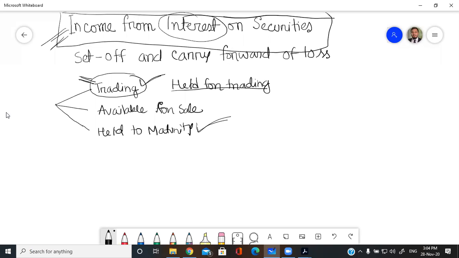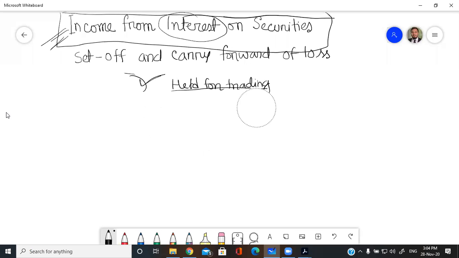Those securities will be included in the available for sale category. Okay. So that is our understanding of how we can classify securities based on the purpose set by the buyer, or in our context, set by the SSC.